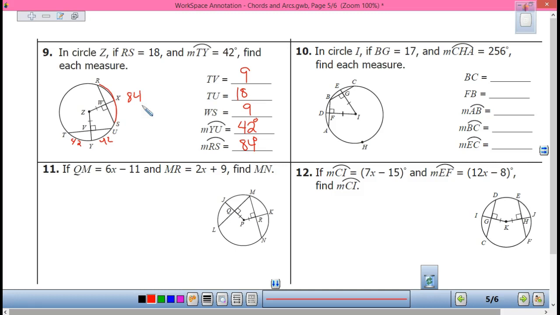Okay, so this tells us BG is 17. CHA is 256. So this whole thing is 256, right? So how are we going to go about finding my other arcs? Okay, so first we've got to subtract from 360.